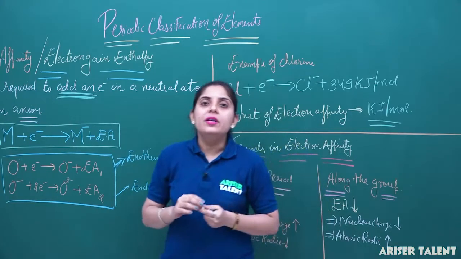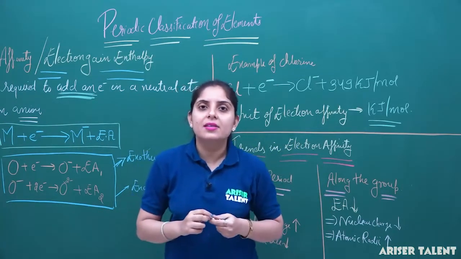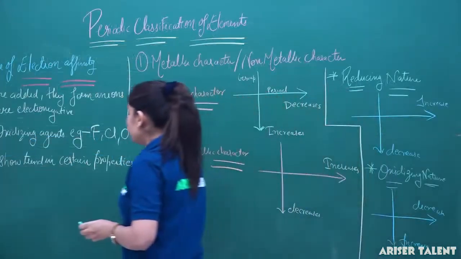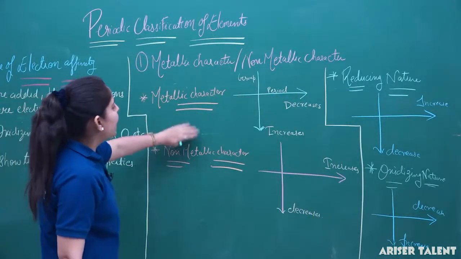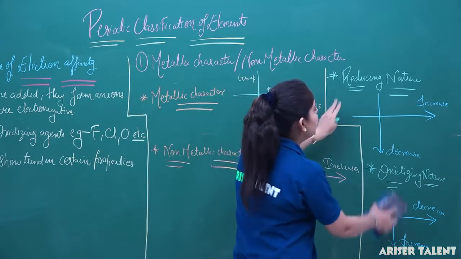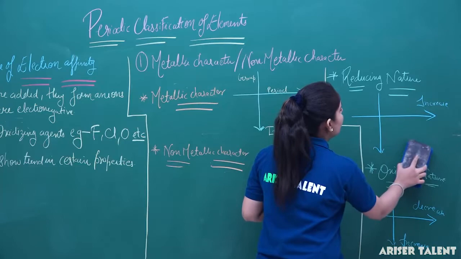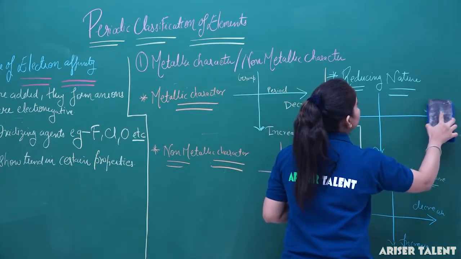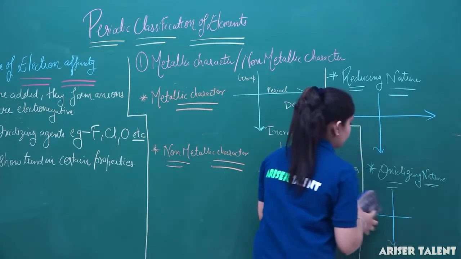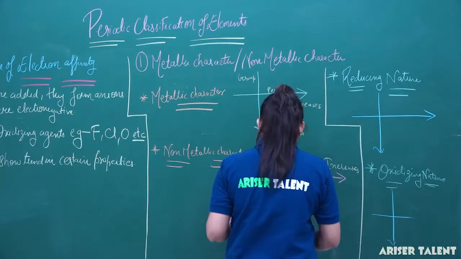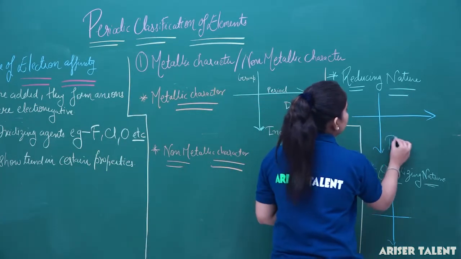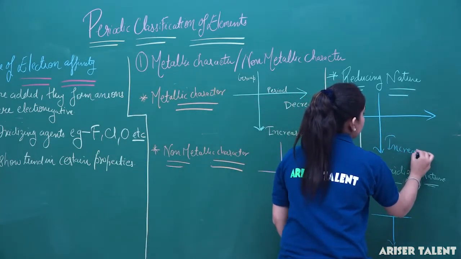From this electron affinity, we have derived some more characteristics. So let's discuss these characteristics here. These are the trends in the metallic or non-metallic character we have seen. But if I am talking about the reducing nature, as we move from top to bottom, the reducing character is going to increase.